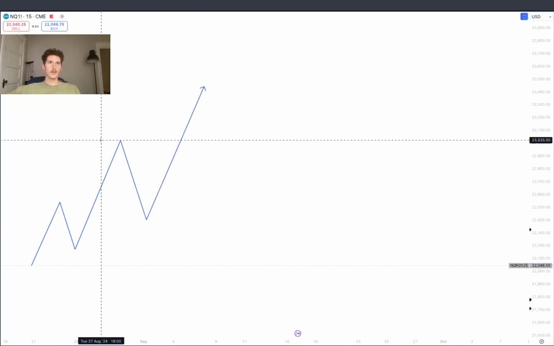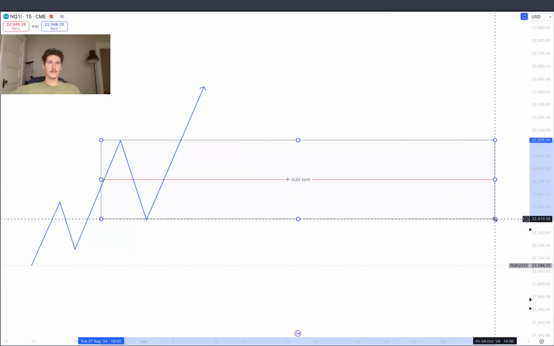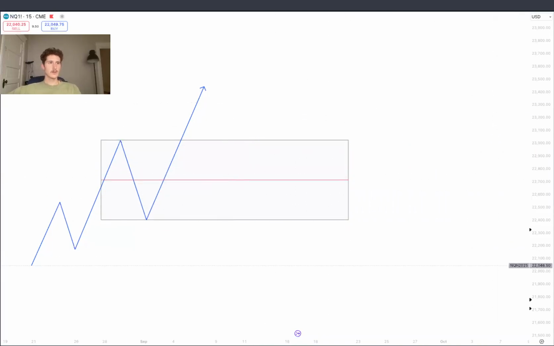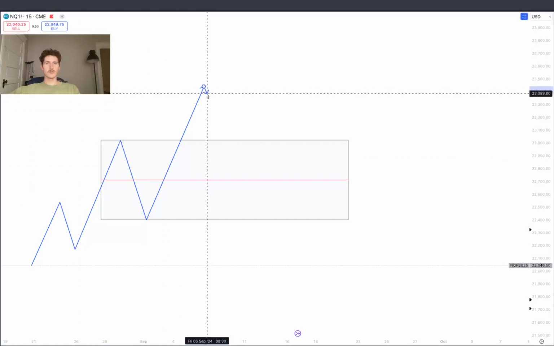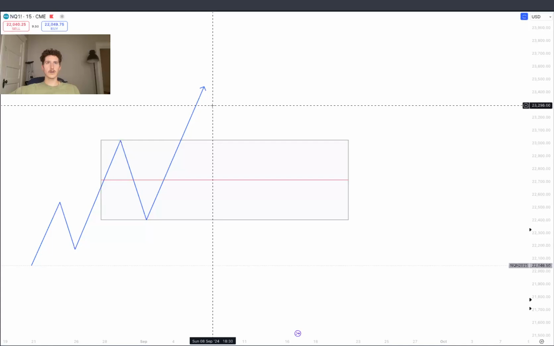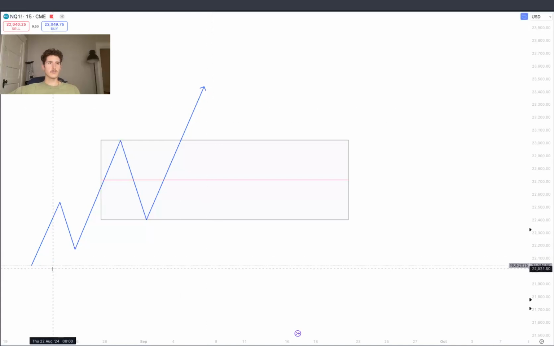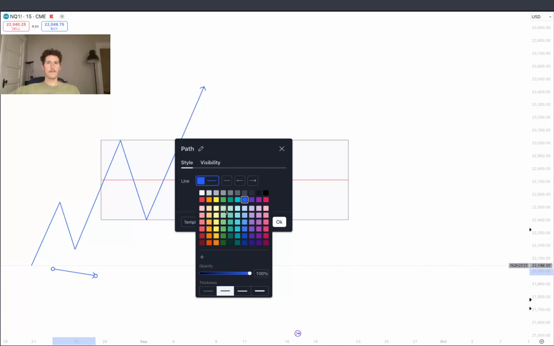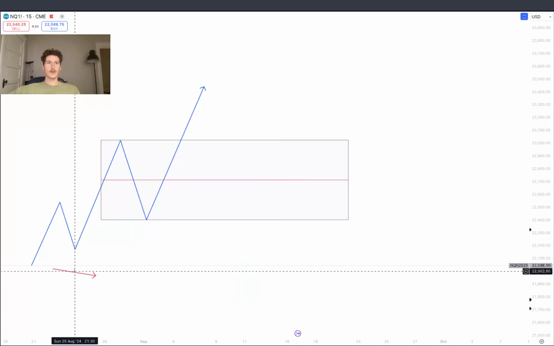Okay, and you mark out your swing using a box, and then I'm going to go ahead and switch to the red real quick. The red will represent the 5 second time frame.